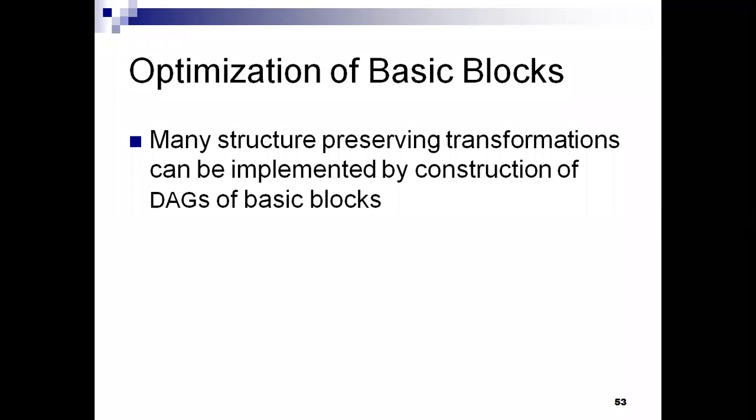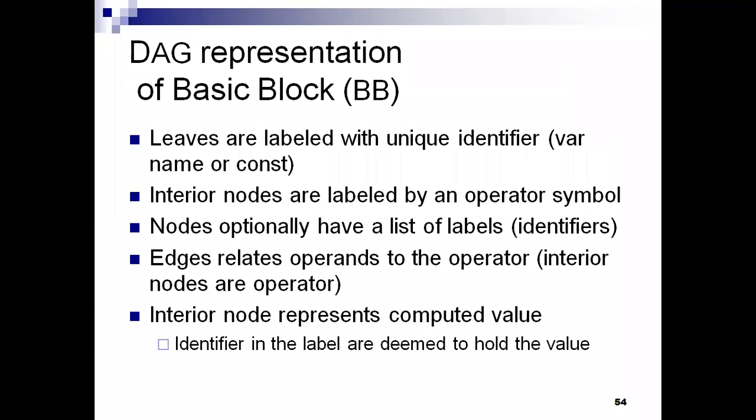Let us discuss the first technique, structure preserving transformation. It can be applied by using the principal sources of optimization techniques, such as common sub-expression elimination, variable and constant propagation, code movement, dead code elimination, and so on.